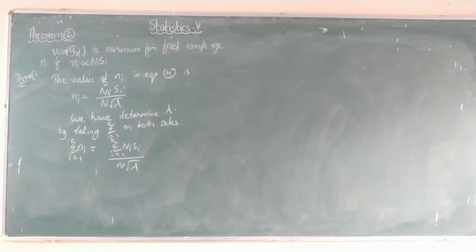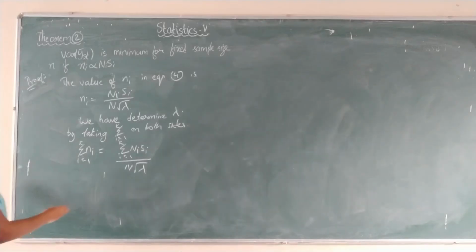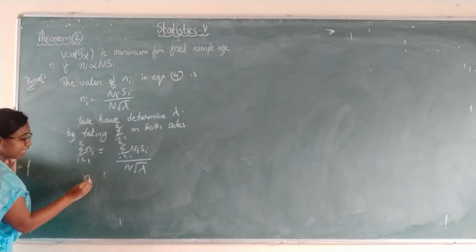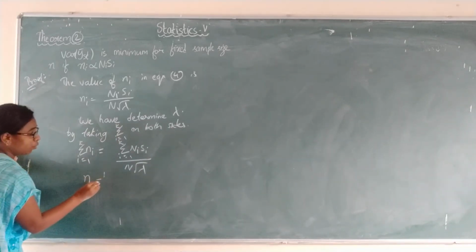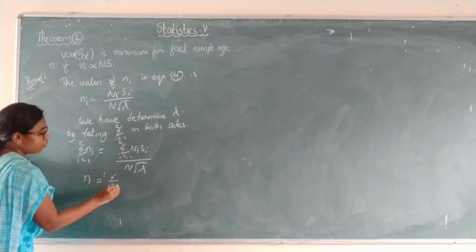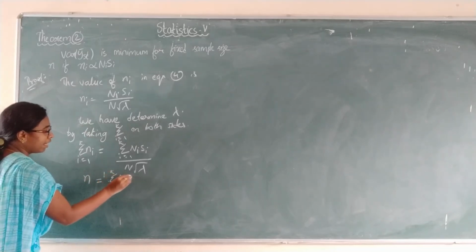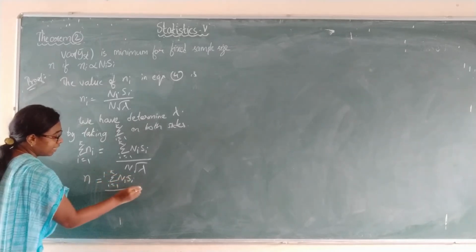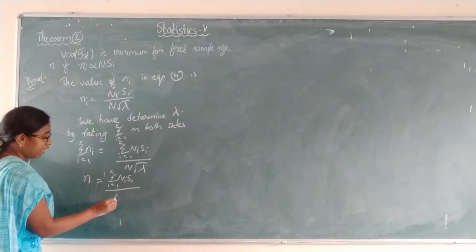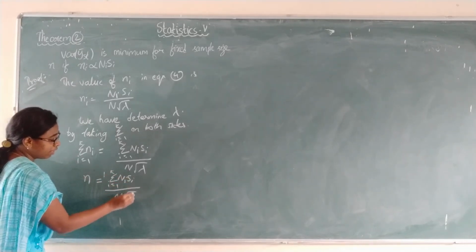From equation 2, what is summation ni? Summation ni is nothing but n. So n equals summation i equals 1 to k of Ni Si, as it is, divided by N into root lambda.